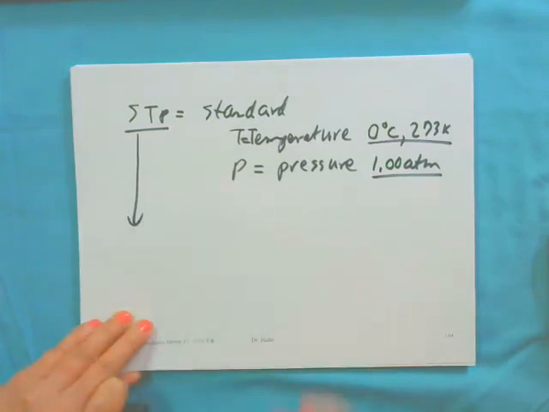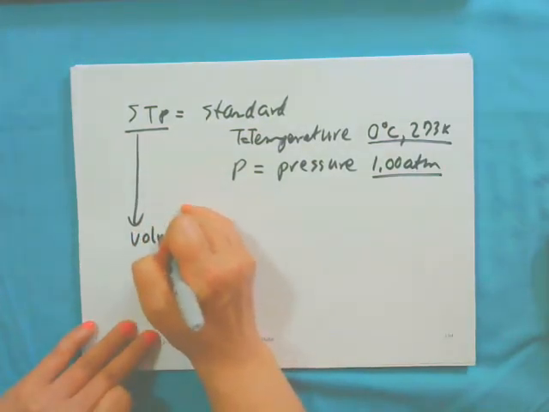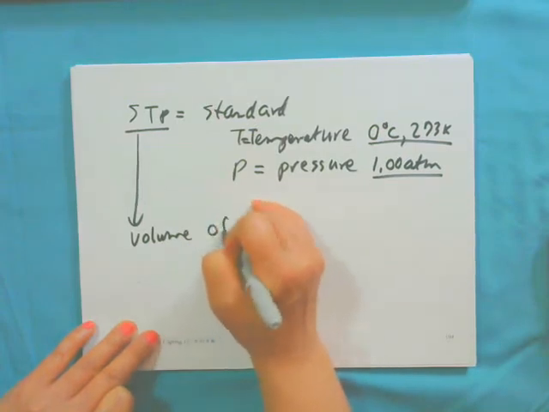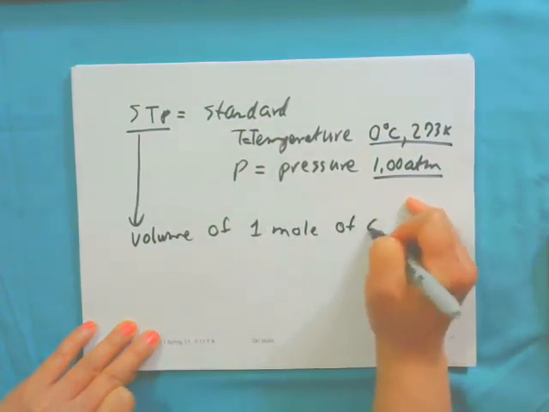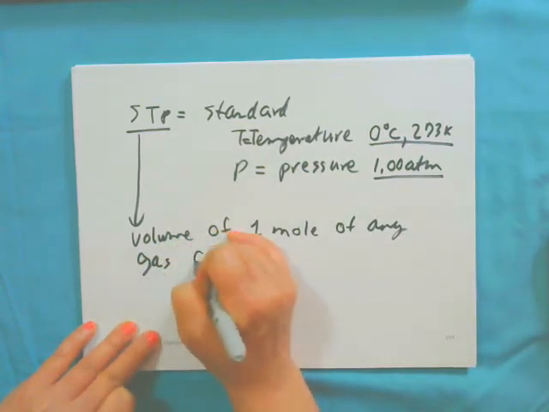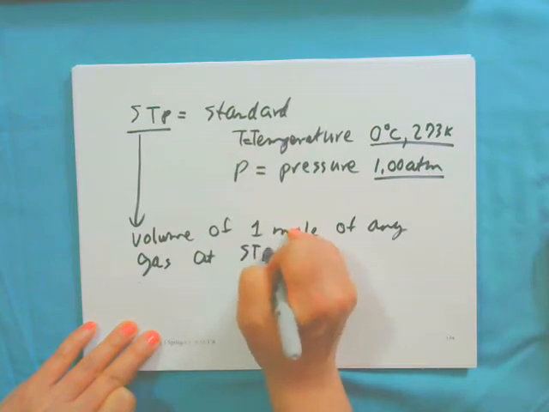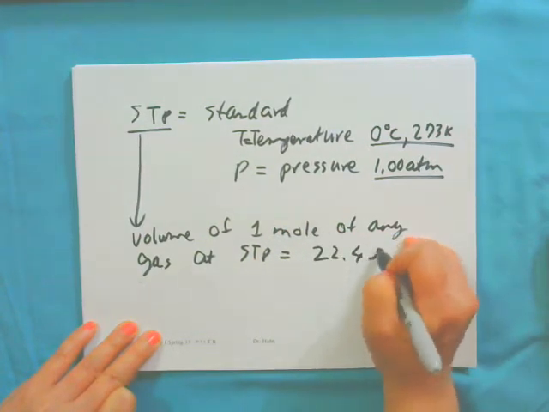And what does STP give us? The volume of 1 mole of any gas at STP is equal to 22.4 liters.